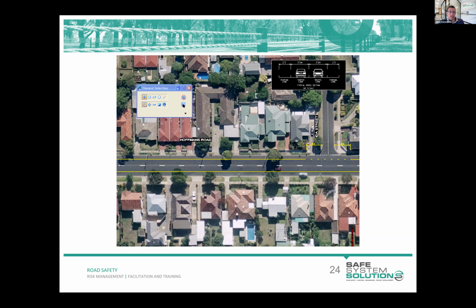The decision was made to formalise parking lanes along each side, and you can see some yellow lines there to indicate that, and to deter that behaviour of making this a 4-lane road. Those parking lanes were extended to 10 metres prior to each intersection along the route, as per standards.